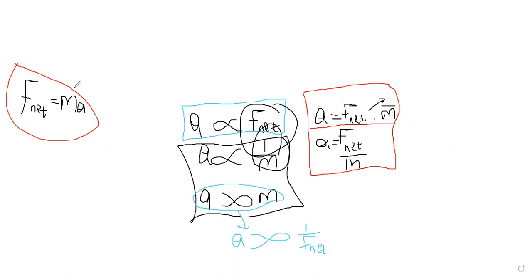So for the direct and inverse proportion, let's say our F net is equal to 2 newtons and our mass is equal to 4 kilos. We're gonna end up with 0.5 meters per second squared as our acceleration.